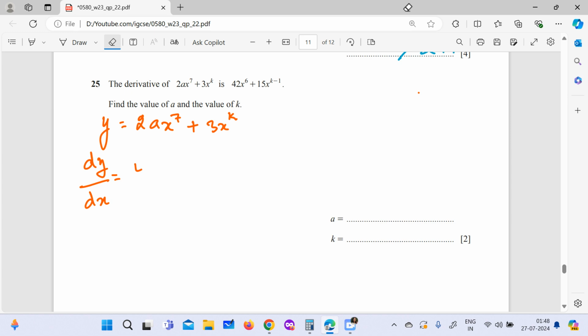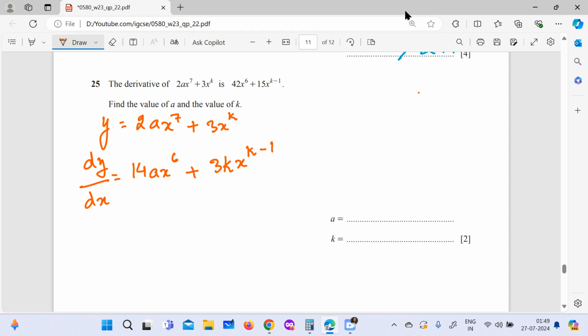They have given it, but we can also do this. Okay, so let's do it. This one will be 7 times 2, that will be 14 a x to the power of 6, and this one we can write as 3 k x to the power of k minus 1.